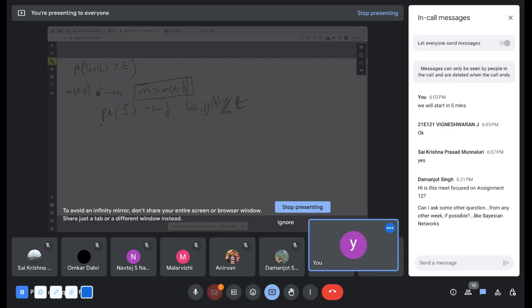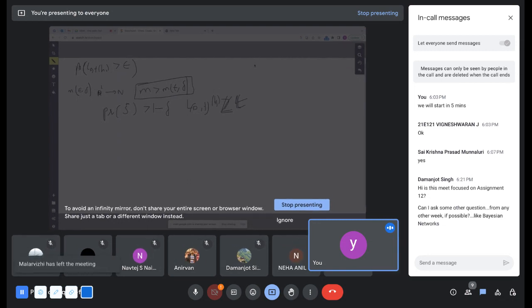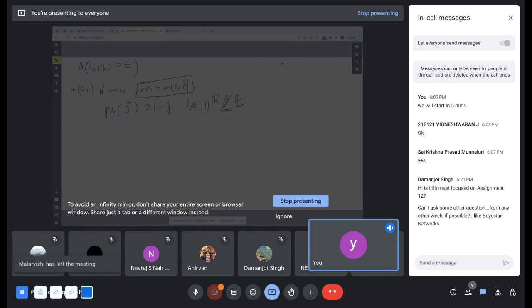We have a training set S that is drawn from a distribution D, and you have a test set that is also drawn from the same distribution D. The training set is nothing but a finite number of samples, x1 to xn, and you can draw any number of samples.